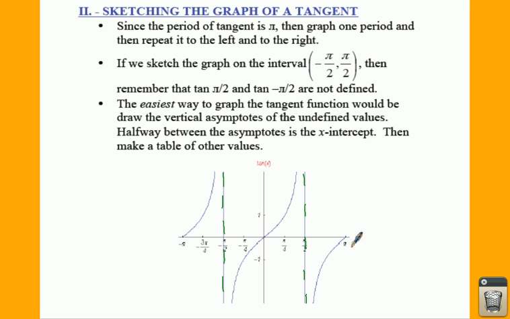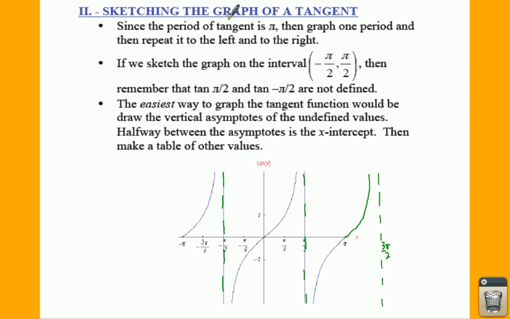Over here you'd go from pi over 2 to 3 pi over 2, where your asymptote would be, and this graph would keep going up. And the tangent graph just keeps repeating, cycle after cycle.